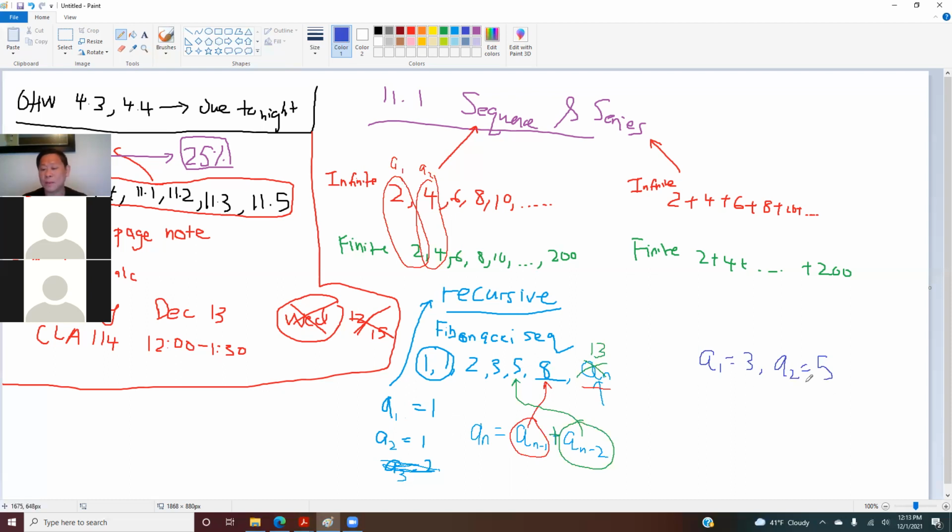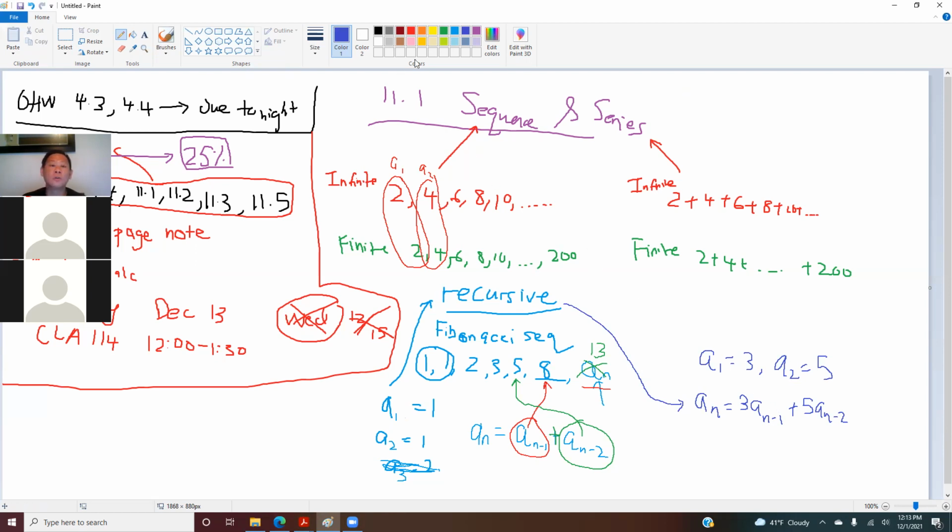Fibonacci is 1 and 1, but it can be any number we want. And let's say that An in this case is 3 times An minus 1 plus 5 times An minus 2. So this is what we call a recursive sequence, because you use back your previous 2 terms.